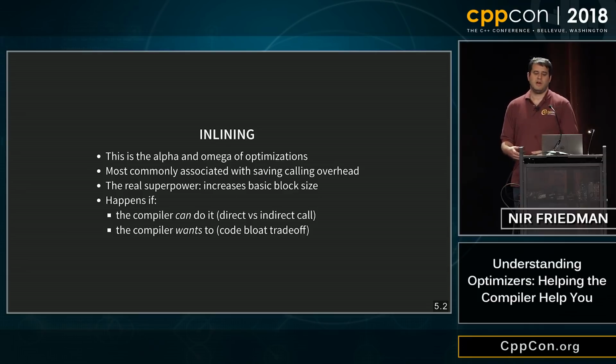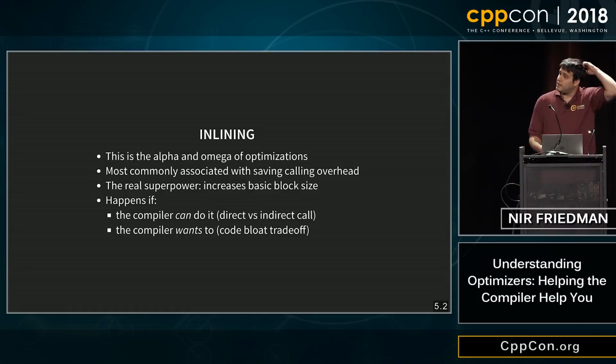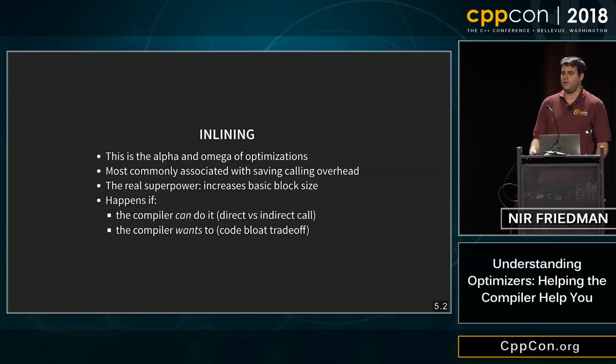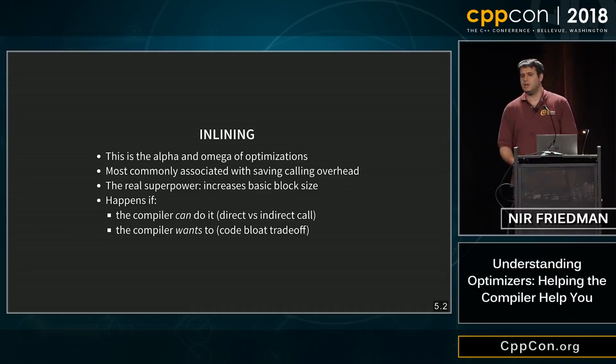But in C++, it's not possible. The second thing is that the compiler has to decide that it wants to inline. And direct calls obviously don't always get inlined. It then becomes a code bloat trade-off. If you have a function that's 100 lines and you inline it 10 times, you just added 900 excess lines of assembly as opposed to it not being inlined.